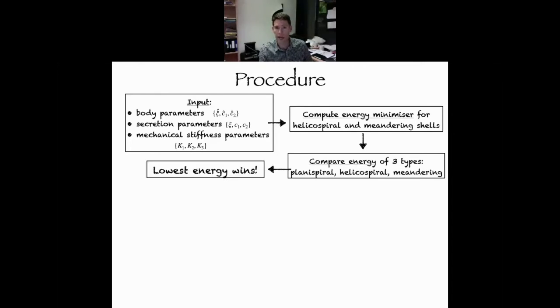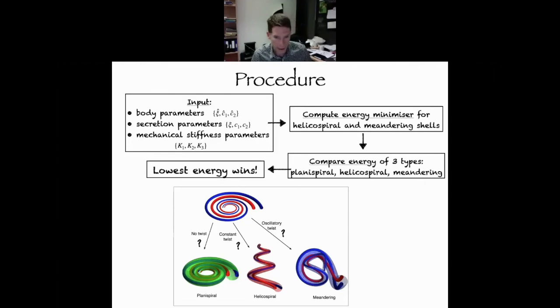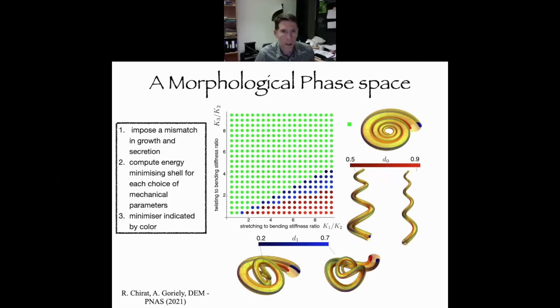And I compare those 3 types, and then simply say the one with the lowest energy is the one we would expect to see. So this is just reiterating the picture. The body itself is always trying to be planar, right? There's no twist built into the body. The twist entirely is coming from whether that has a lower energy than not twisting, okay?